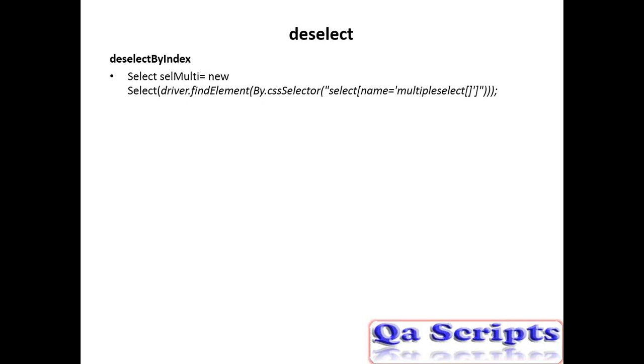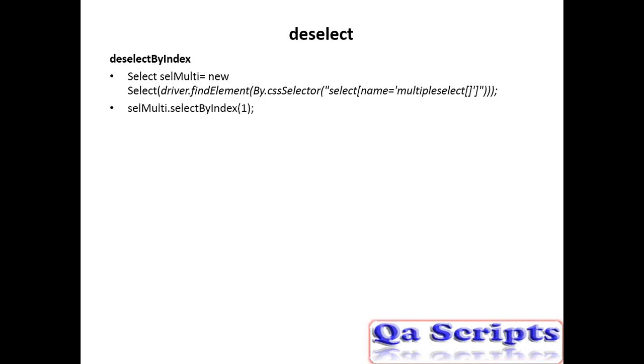Here I have created a method called selMulti by using the Select class, and I'm taking another website as an example. Here I'm passing driver.findElement by CSS locator, and I have passed the CSS element locator to identify, and this is a multi selection option.